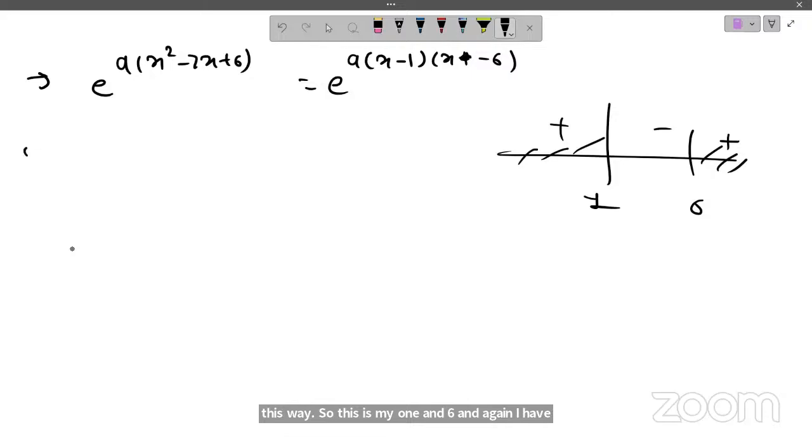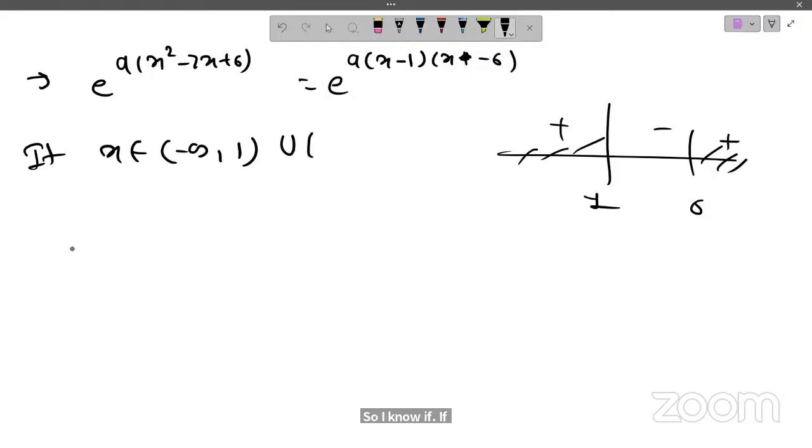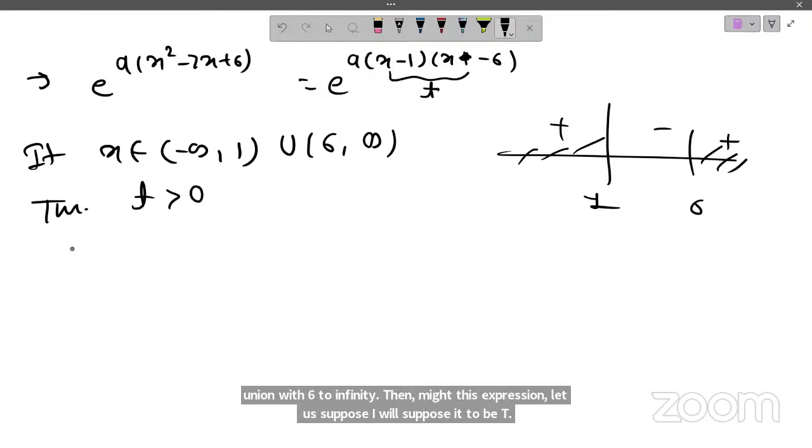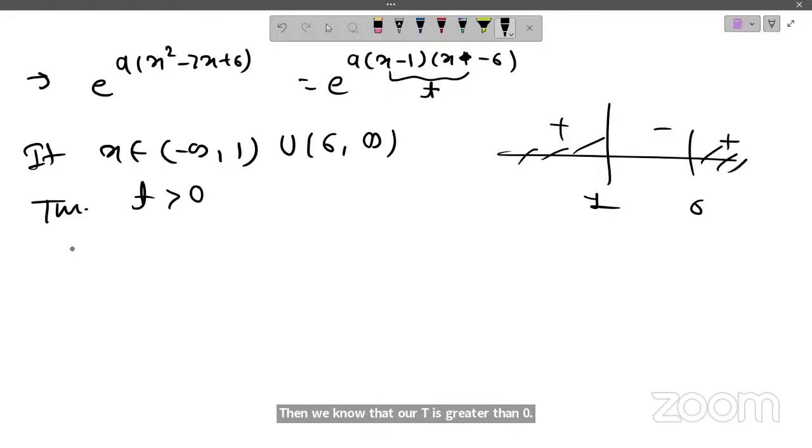So if my x belongs to minus infinity to 1 union 6 to infinity, then this expression, let us suppose it to be t, then we know that t is greater than 0, right? This much you guys agree, right? Am I correct? Yes.